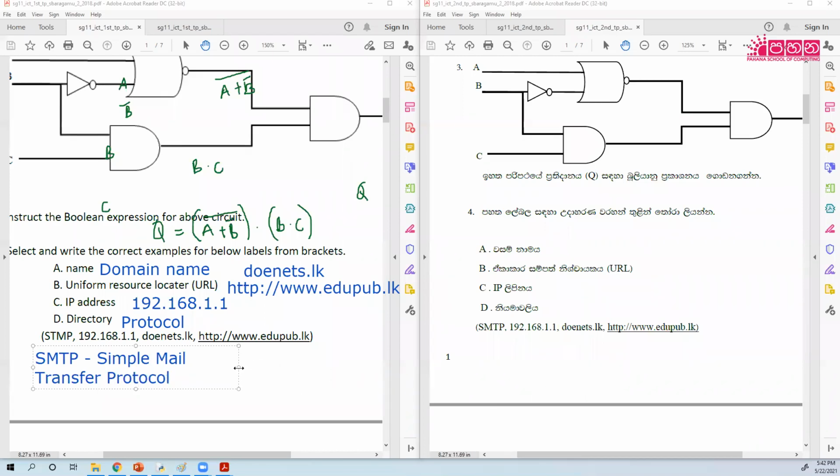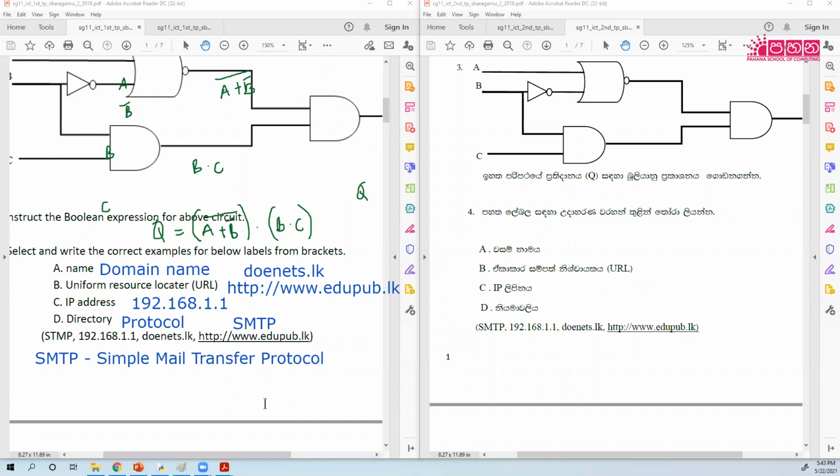This protocol is used to transfer emails between mail servers, right? So this should be the correct answer for D.